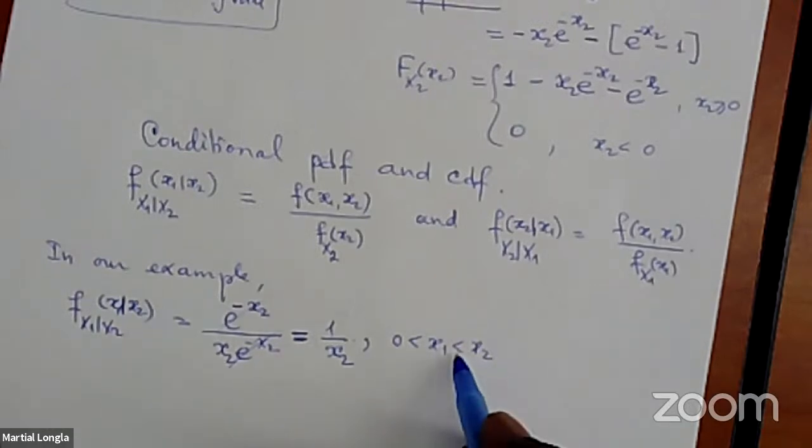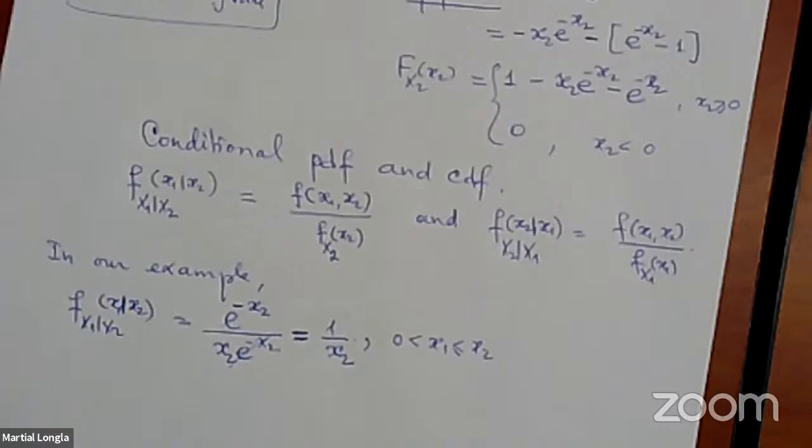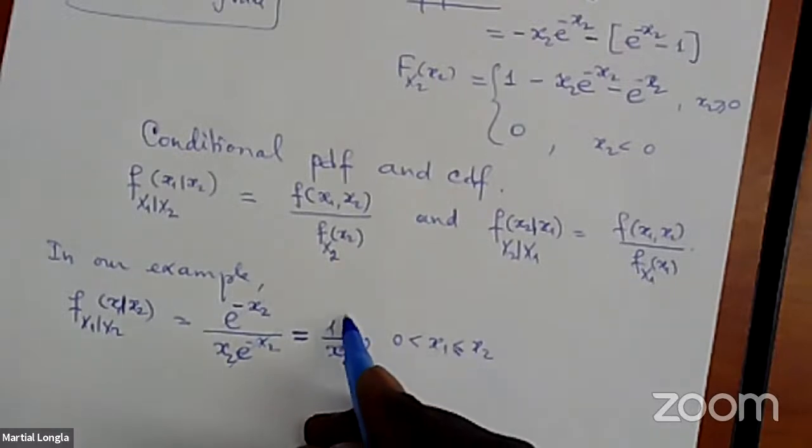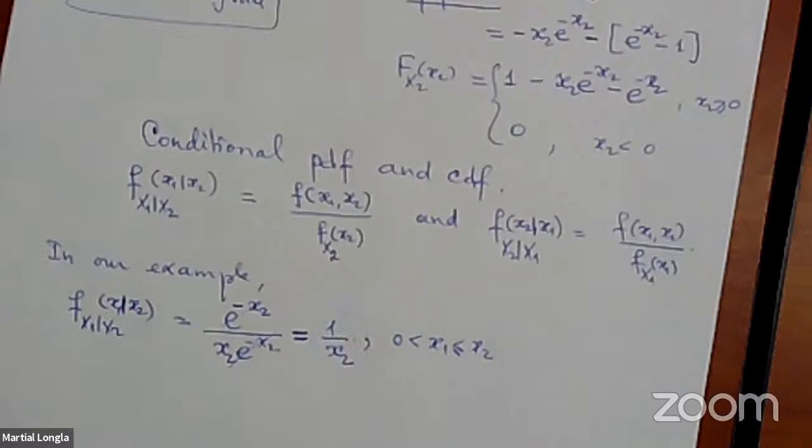Because in the definition, x1 is always less than x2. So whenever you condition on x2, you can no longer get a value of x1 that is larger than x2. That makes sense? And that is why this is the uniform distribution.